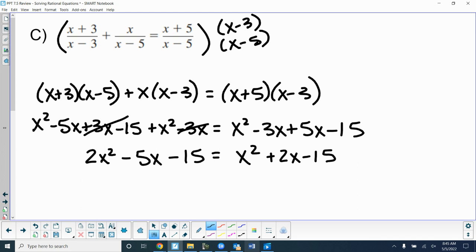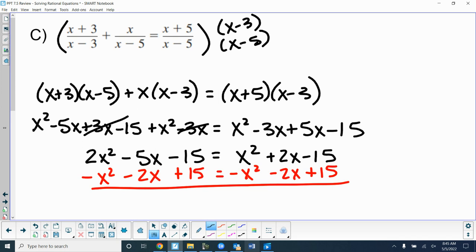So I'm going to subtract the x squared, subtract the 2x, add the 15. So all of those are gone. What happens to the 15s? They're gone also. So I've got x squared minus 7x.